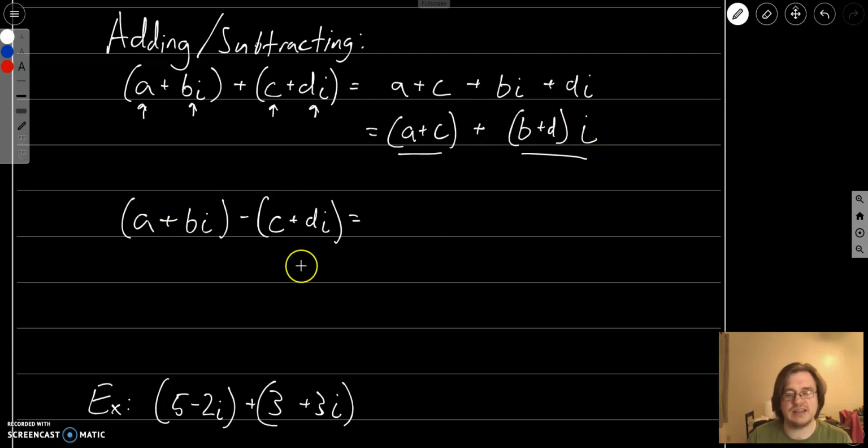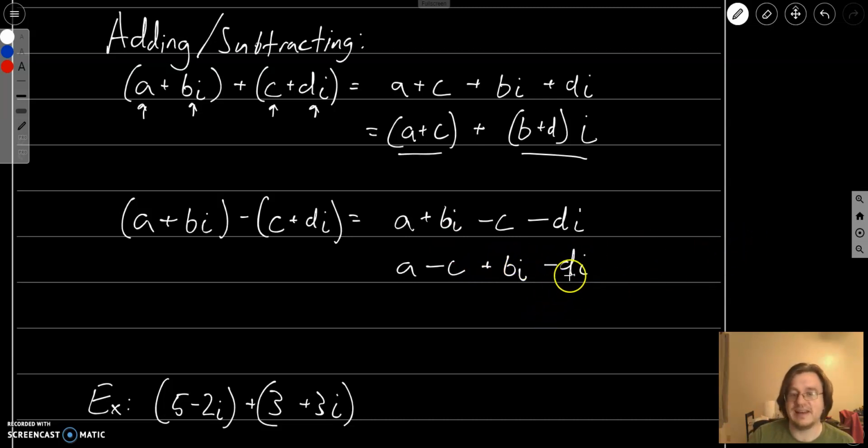When we're subtracting, same thing happens. Let me distribute this negative sign first before I do anything else. So I have a plus bi, and I need to distribute this negative sign across the parentheses, minus c minus di. And now I will arrange this with like terms. A minus c, the two terms without an i, out front. Next, the two terms with an i.